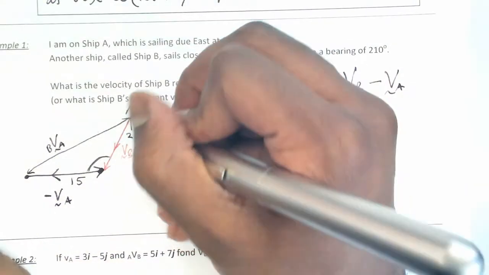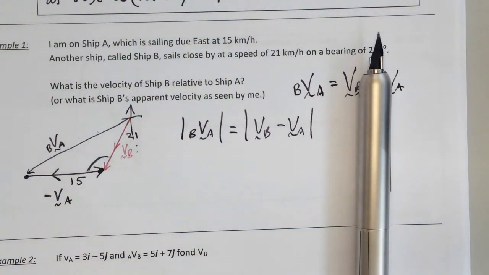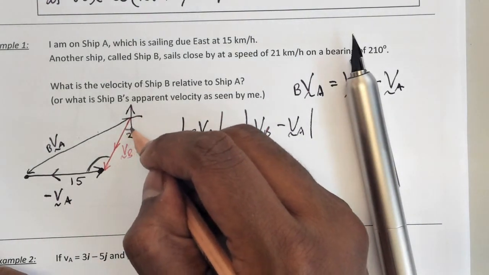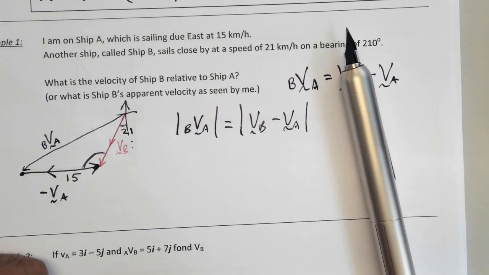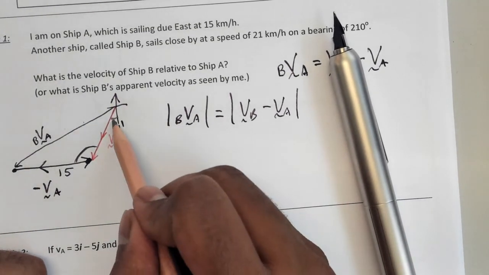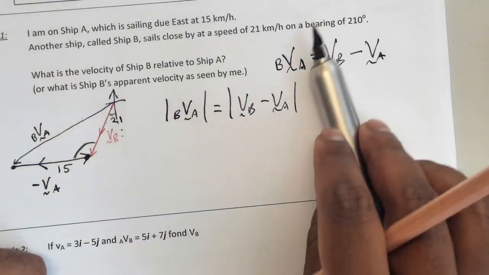Let's see. What do I know so far? I know that this angle here is what? Jordan, have a think. What would that angle be there? So I know from there to there is 210.